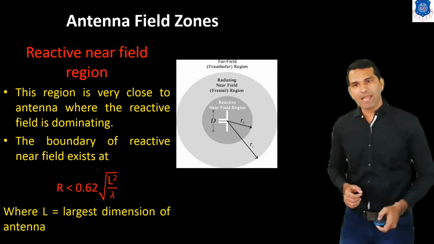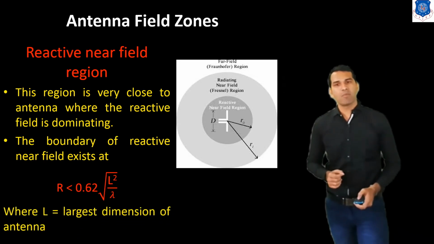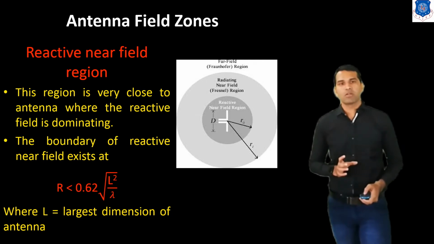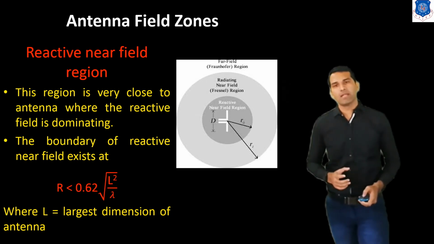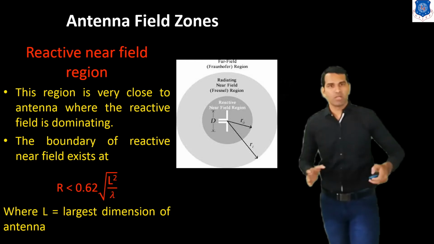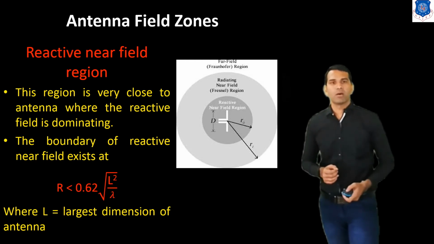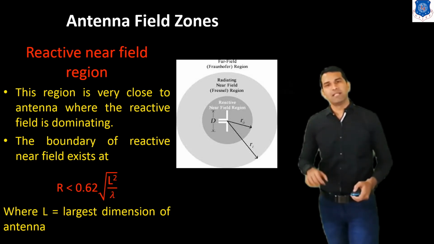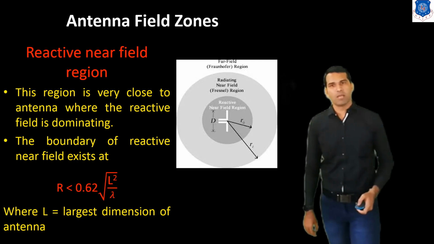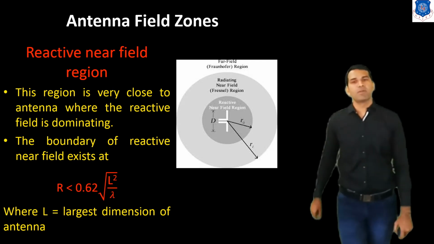Here L indicates the largest dimension of the antenna, that means the length of the antenna. For this region the boundary is R, that means R is the radius, the boundary for the propagation of the wave. R is less than 0.62 times the square root of L squared upon lambda. So this is the reactive near field region.